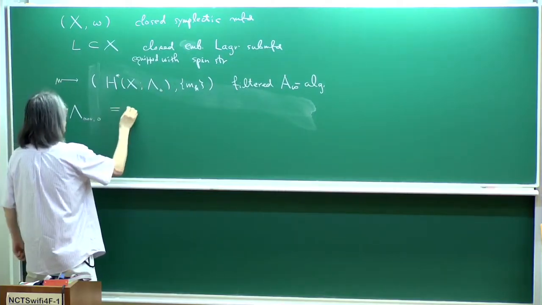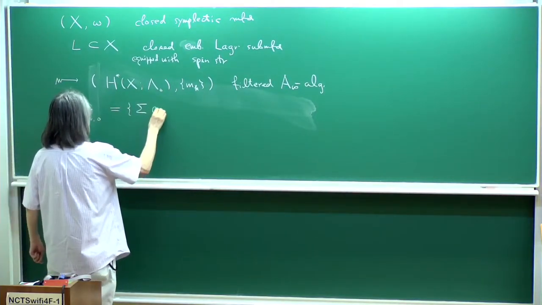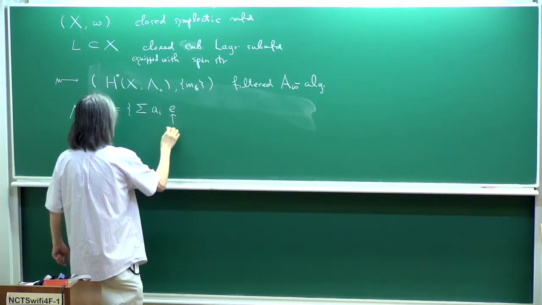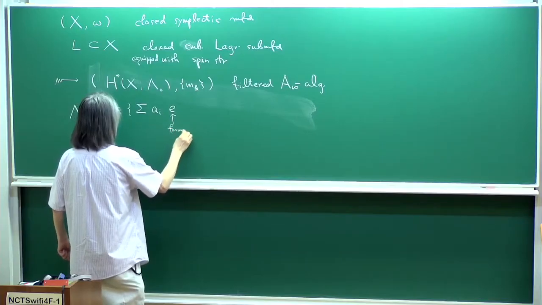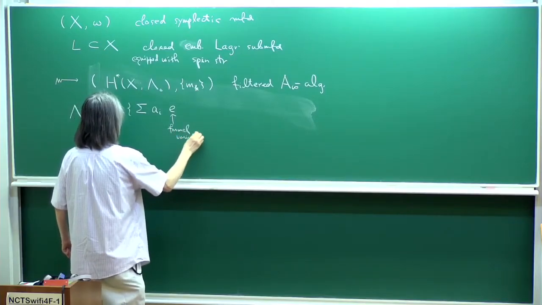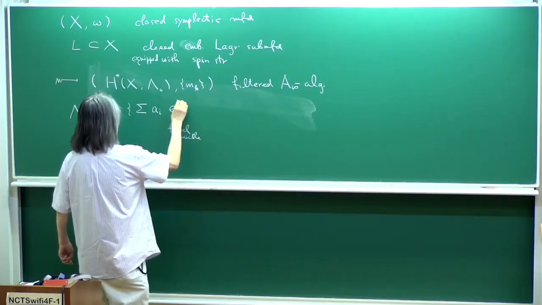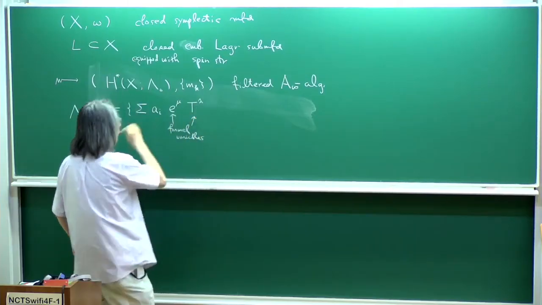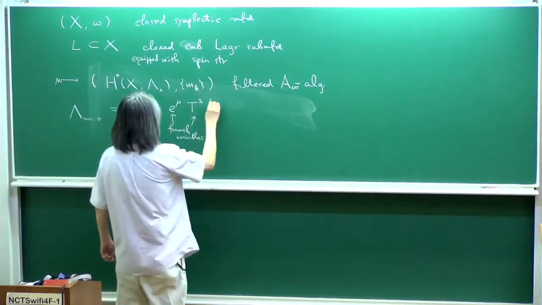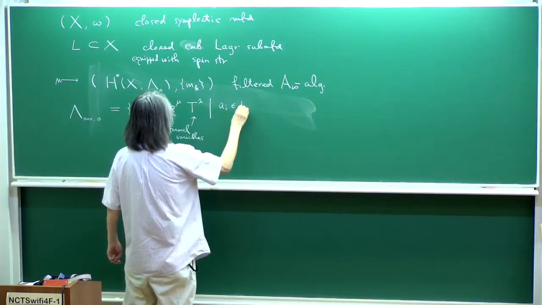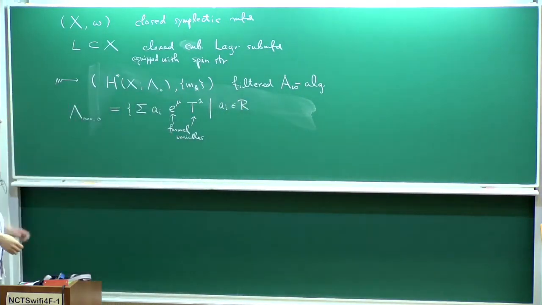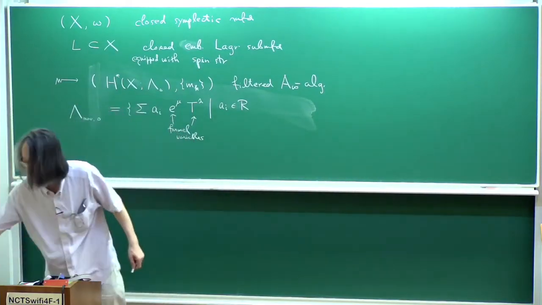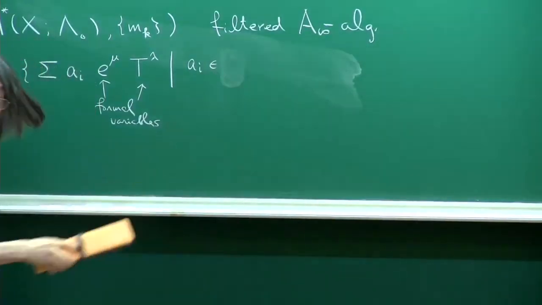So this one is, by definition, a certain formal sum, like the sum of a_i e^{mu_i} T^{lambda_i}. E is just some formal variable, and T is a formal variable as well. The a_i are in a certain coefficient ring, but today I consider only complex numbers.